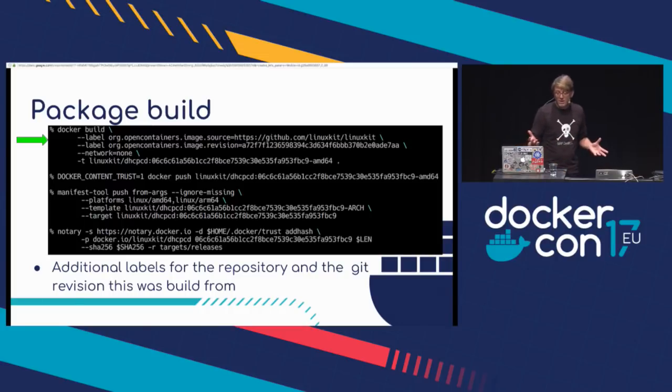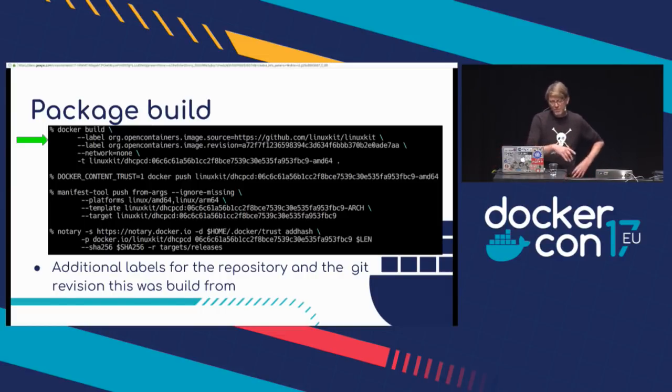So with the Docker file, we now want to build the package, right? So we obviously do a normal Docker build first, but there are a few things here which are worth paying attention to. So first of all, we add additional labels to the package. One label basically says which source code repository it was built from. The other label says which Git commit it was built from.